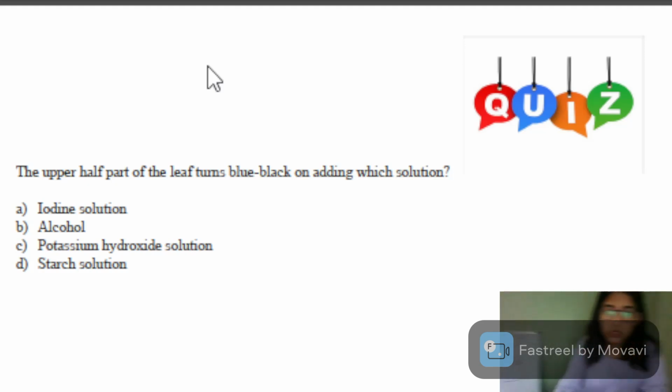The first question is, the upper part of the leaf turns black on adding which solution? I'll give you 10 seconds to think upon this and to write your responses in the comment section below.